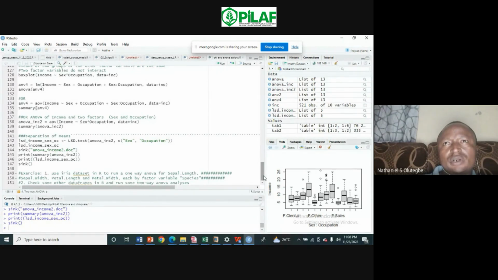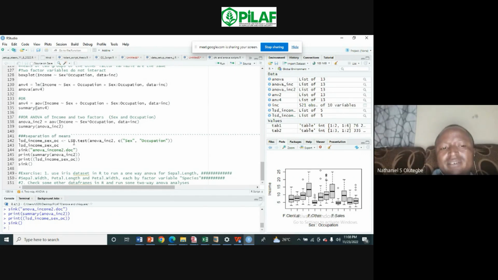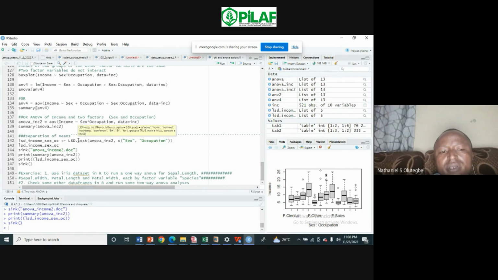So sometimes when you have a Duncan multiple range test, which would be presented almost exactly the way LSD is presented here today, you may want to compare that with Bonferroni, which will give you an idea of pair by pair cases, so that you can determine for each of the pairs in your analysis.